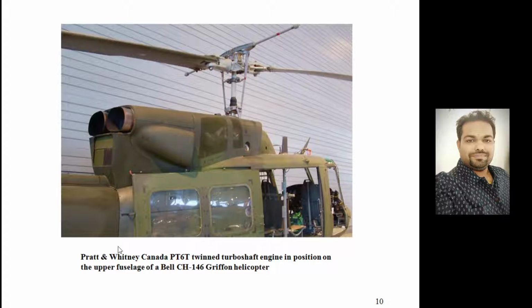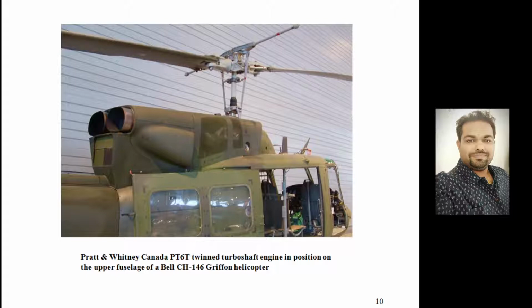If you look at a famous example, here is the Bell CH-146 Griffon helicopter, which utilizes the Pratt & Whitney Canada PT6 twin turboshaft engine. It is a multi-role utility helicopter designed by Bell Helicopter Textron as a variant of the Bell 412 EP for the Canadian Armed Forces.